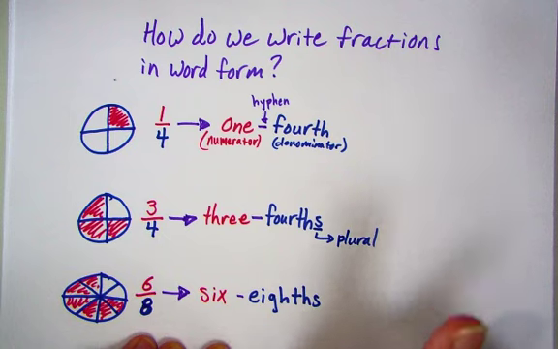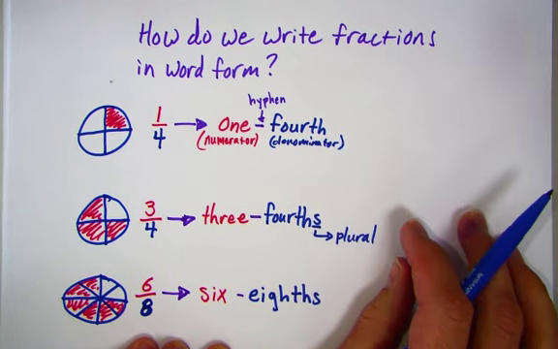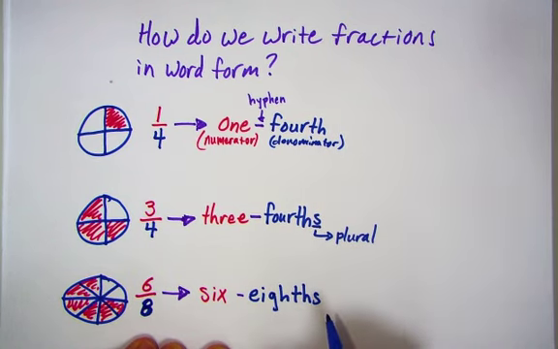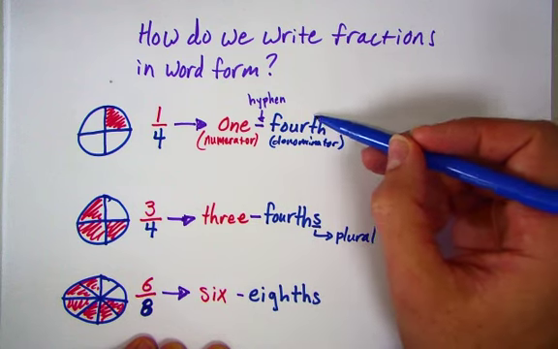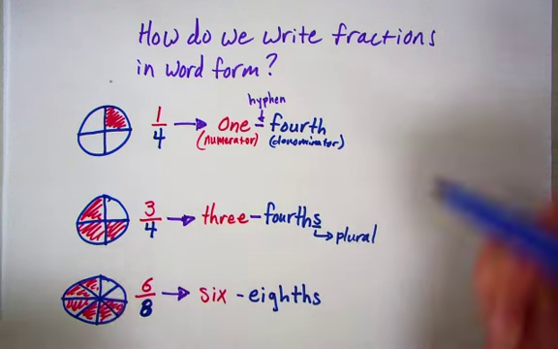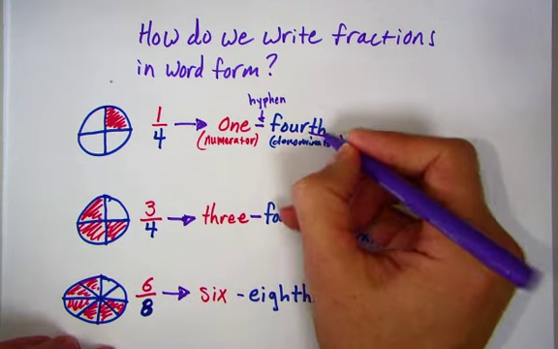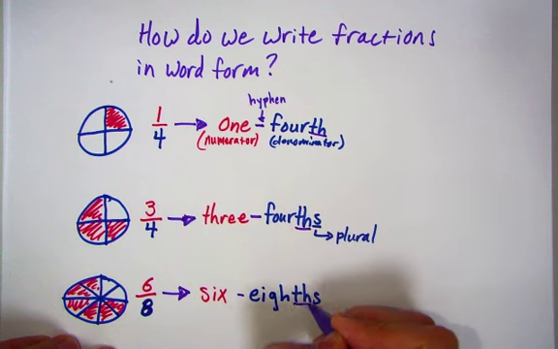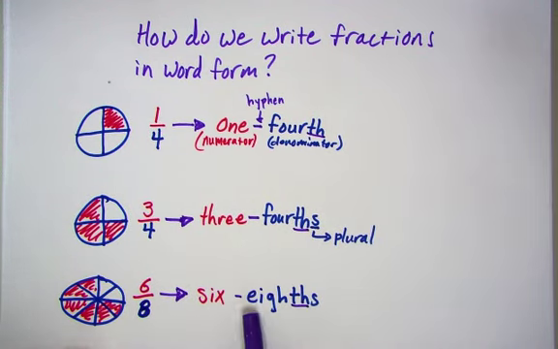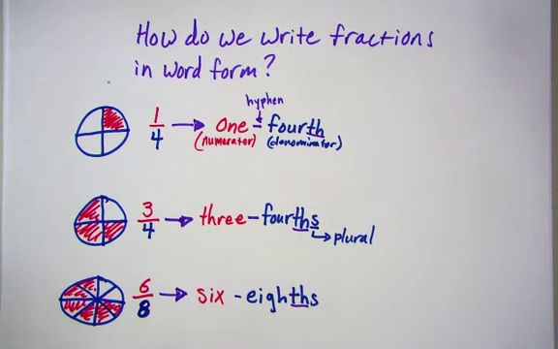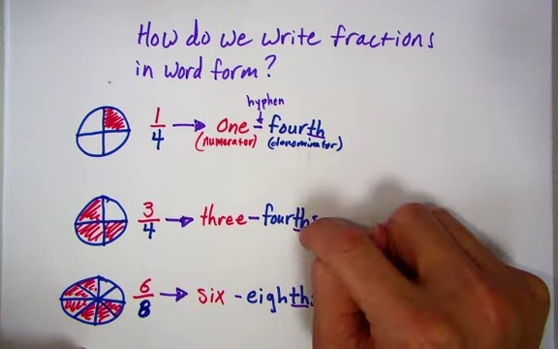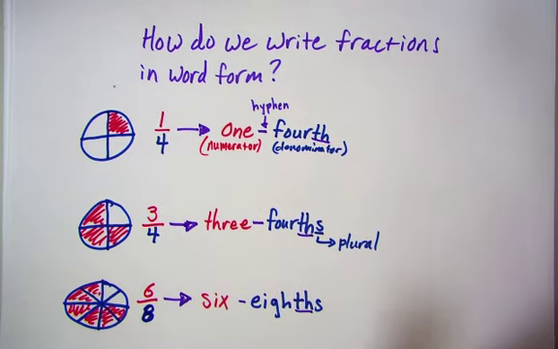Now I want to do one more thing before we finish here. I want you to notice the TH on the end of each one of these denominators. The TH right here, the TH right here, and the TH right here. Now, actually, you spell 8 with a T, but we're not going to put 2 T's to spell eighths. So most of the fractions are going to have a TH on the end of the denominator.